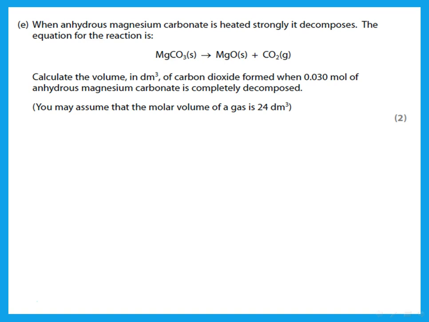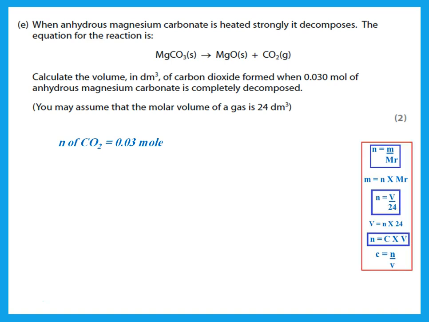I can look directly at the equation and you can see that the number of moles of magnesium carbonate is the same as the number of moles of CO2. So the number of moles of CO2 is 0.03. Now, what is he asking about? Volume of carbon dioxide. Okay, how do we get the volume of a gas? Volume is number of moles times 24. This gives me the volume in decimeter cubed.